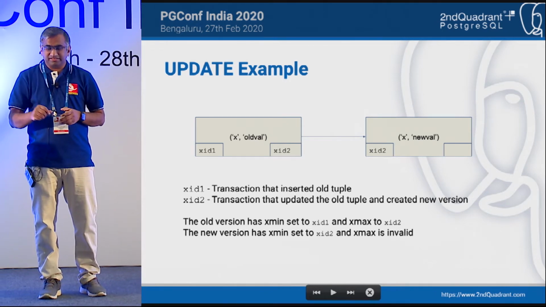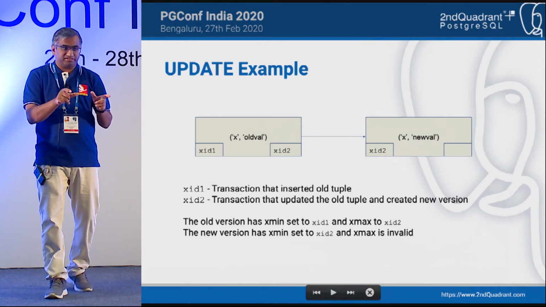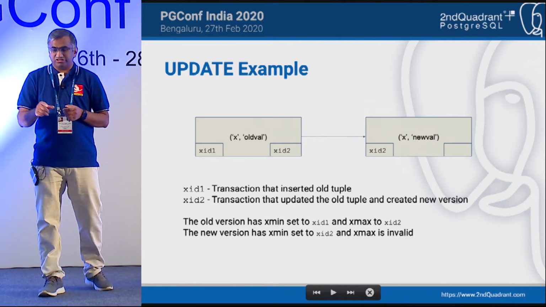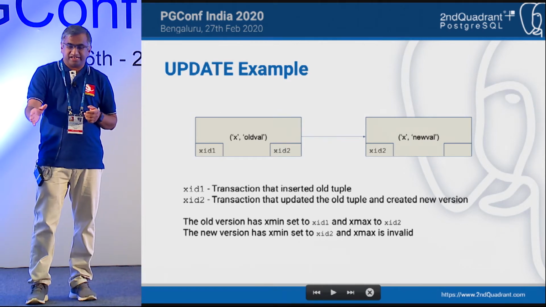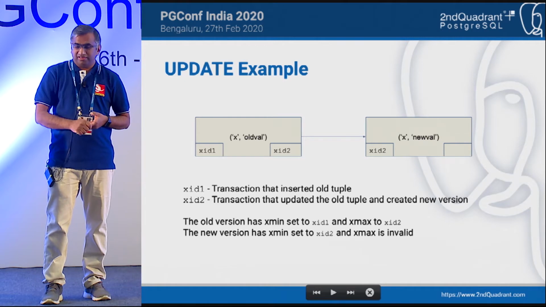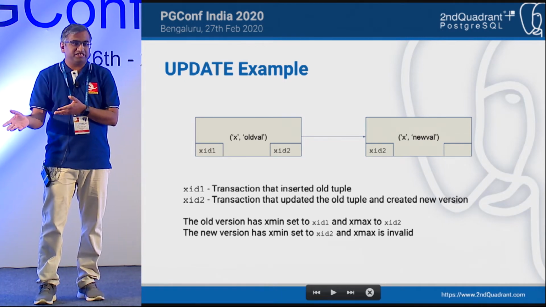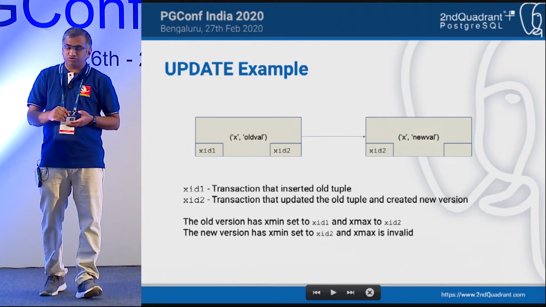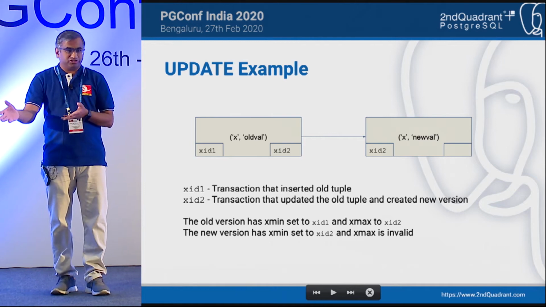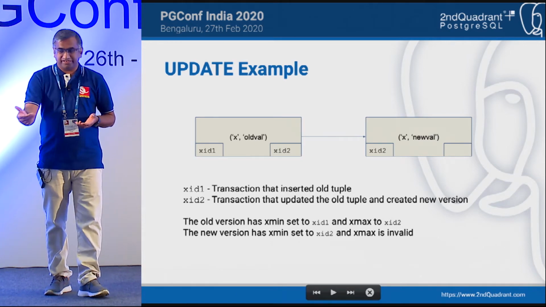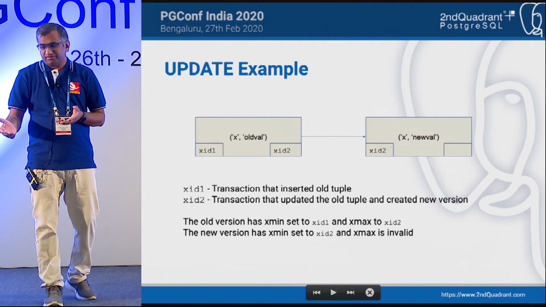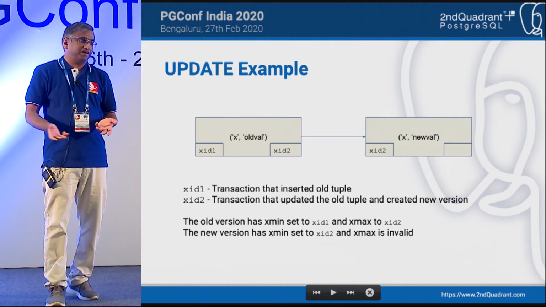So in this case, the original row that was there in the table was inserted by a transaction with identifier XID1, and let's say it was eventually expired by another transaction with XID2. Whereas the newer version of that row was inserted by XID2 and it hasn't been expired by anything.